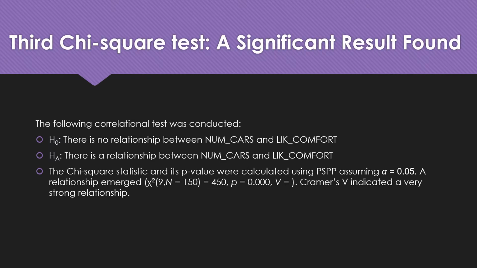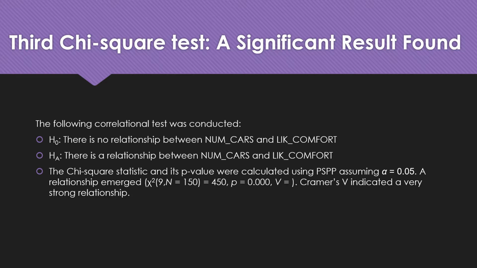The third and last chi-square test that was carried out was one in which we found a significant result. The null hypothesis in this case was there is no relationship between the number of cars and comfort. Again, these are just gotten from the data set that was provided. And our alternative hypothesis states that there is a relationship between number of cars and comfort.